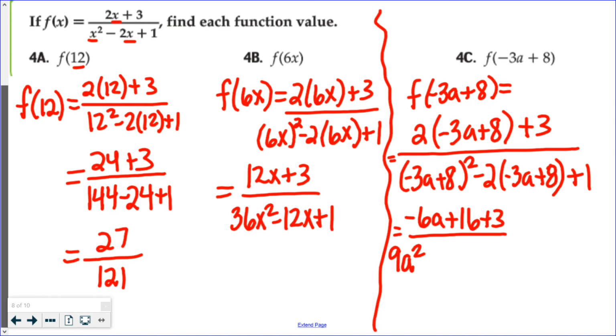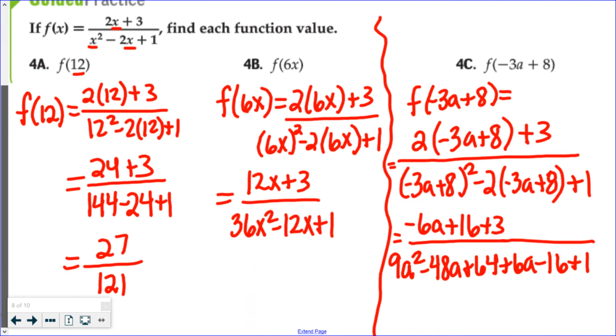And then negative 3 times 8 is negative 24a, and again, so that would be negative 48a. And then 8 times 8 at the end would be plus 64. So all of that is just this guy multiplied out. Next we've got negative 2 times negative 3, that's plus 6a. Negative 2 times 8 would be minus 16, and then plus 1. Whew, a little bit of work there, huh?